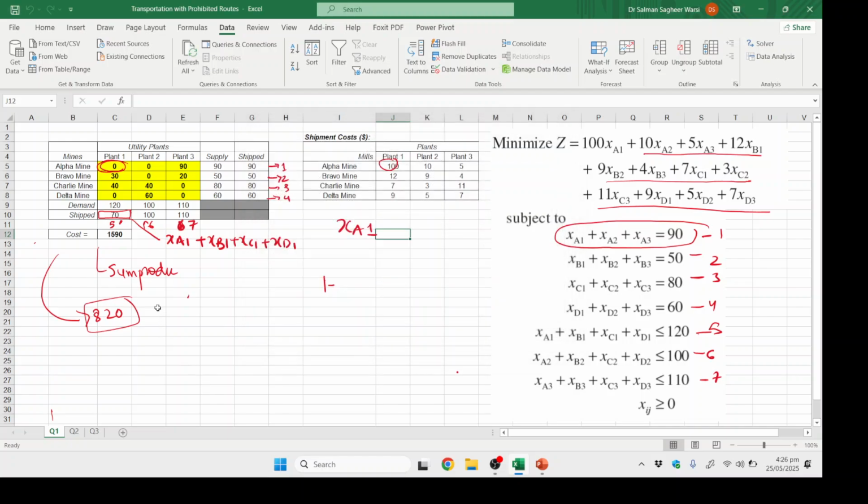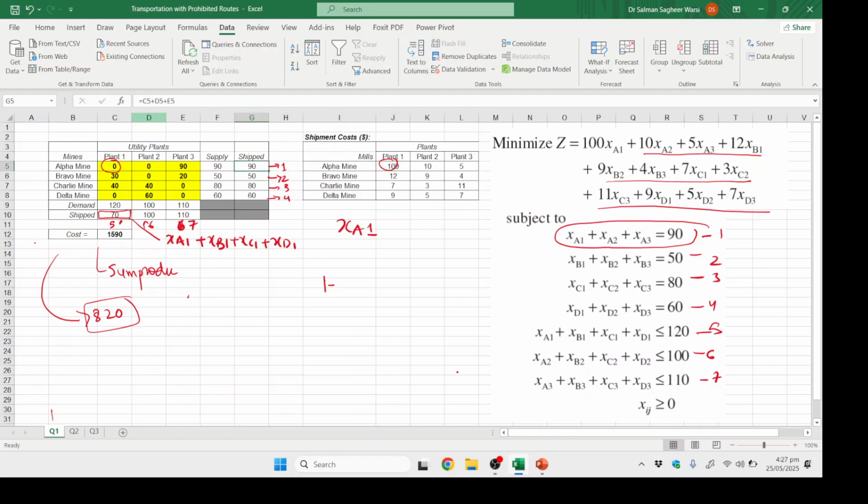Now if you look here, after assigning the 100, the solver has not used this route and the value is 0 here. So this is very important. The right way to handle this is to use a big value for the prohibited route, and the solver will automatically discard it. So that's all for the problem which is unbalanced and has some prohibited routes.